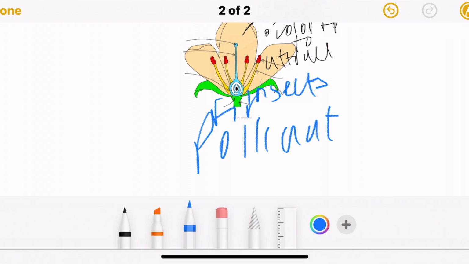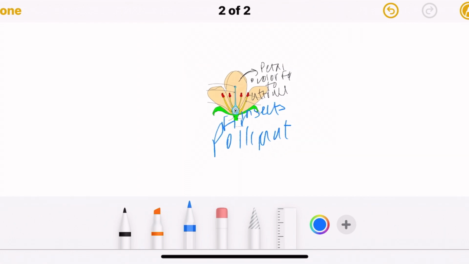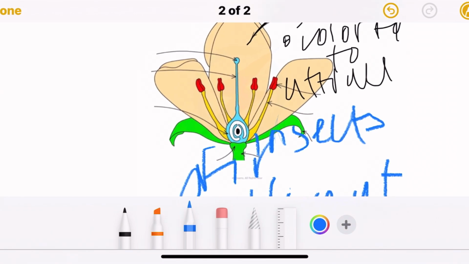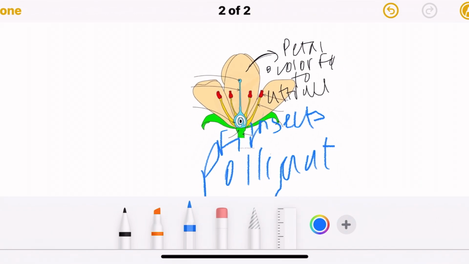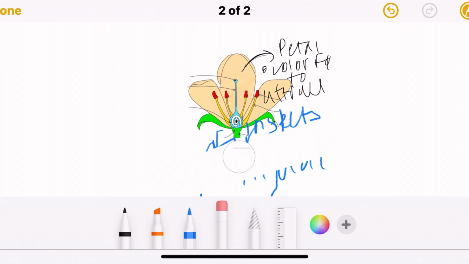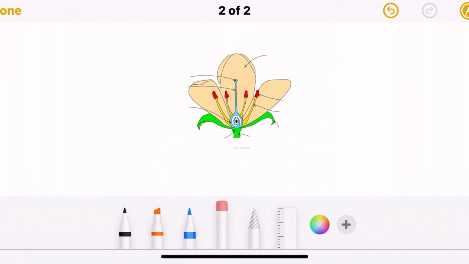So the petal is colorful to attract the insects for pollination. All right, now let's move on.